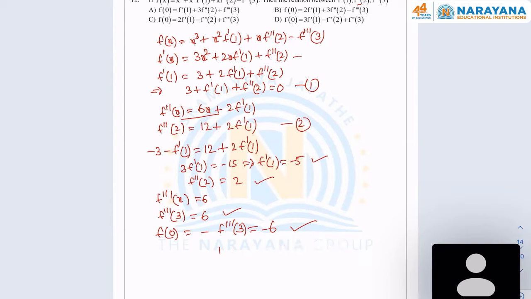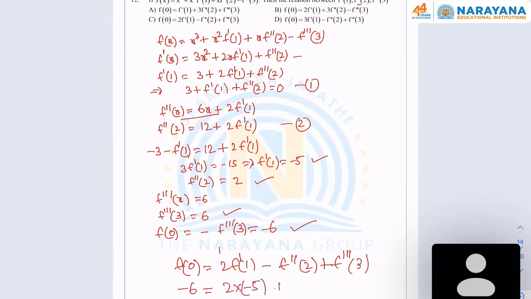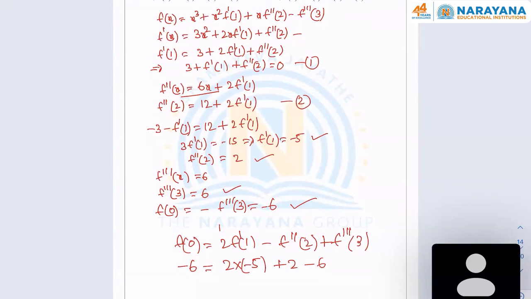I think option C will satisfy. f of 0 is equal to 2f dash 1 minus f double dash 2 plus f triple dash 3. So f of 0 is minus 6. Minus of minus 2 means plus 2. And f triple dash 3, its value is equal to 6, right?